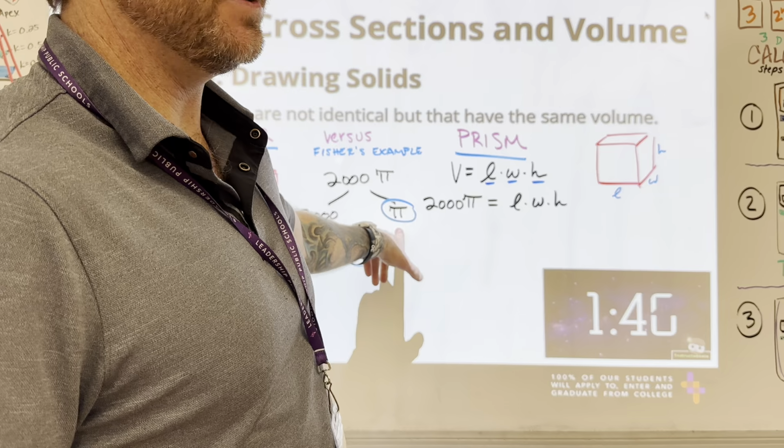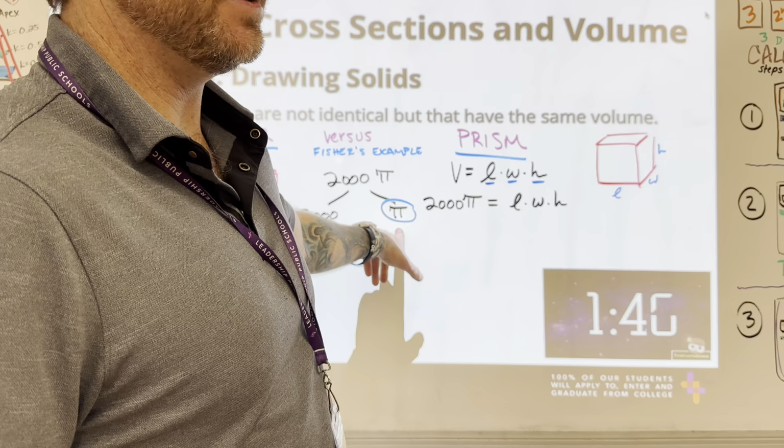So now, a prism's volume is length times width times height. Now I know it's going to be 2,000 pi will equal length times width times height.